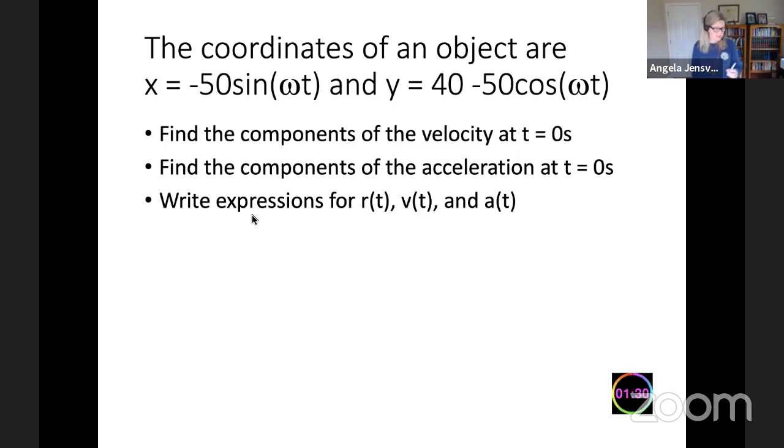Okay, so to find velocity, I hope you took the derivative. The derivative of sine is cosine, so negative 50 omega cosine omega t i. And then the derivative of the y component: the derivative of 40 is 0, and the derivative of cosine is negative sine, so it becomes a positive 50 omega sine omega t.